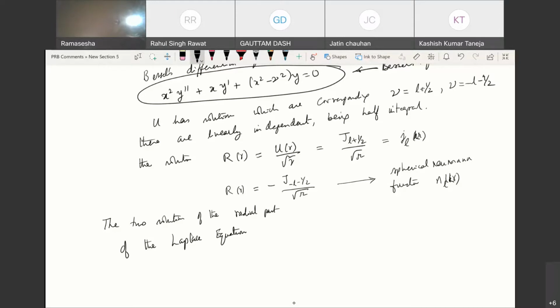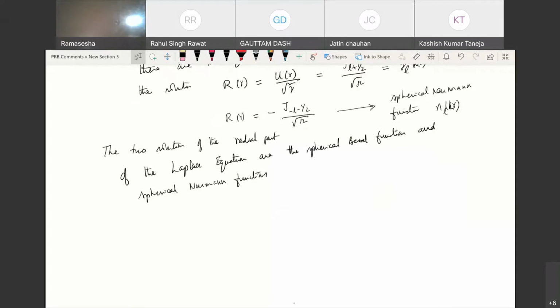Or the spherical Bessel and spherical Neumann. So with this, what we have learned is the following.